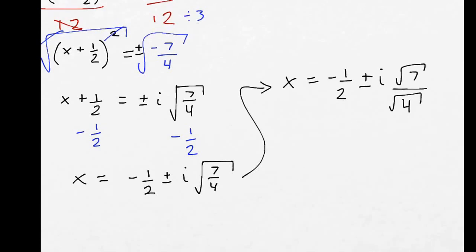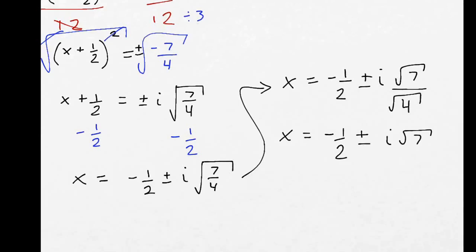If you square root a fraction, it's the same as square rooting the top and square rooting the bottom. I tried to mention that in class, but then we get a common denominator. So we have 1 over 2 plus or minus i root 7. The i will stay in the top. And in the bottom I have that.